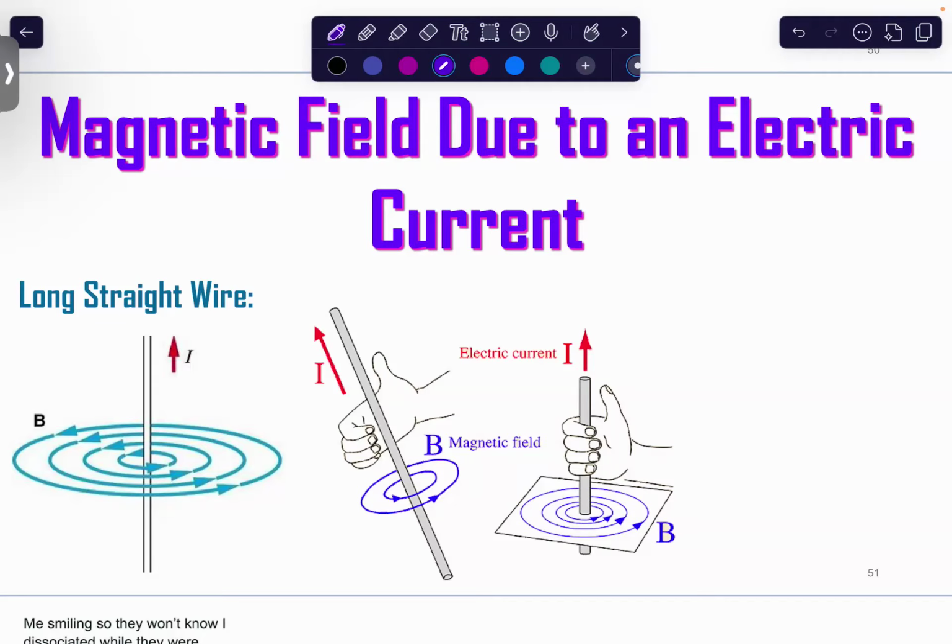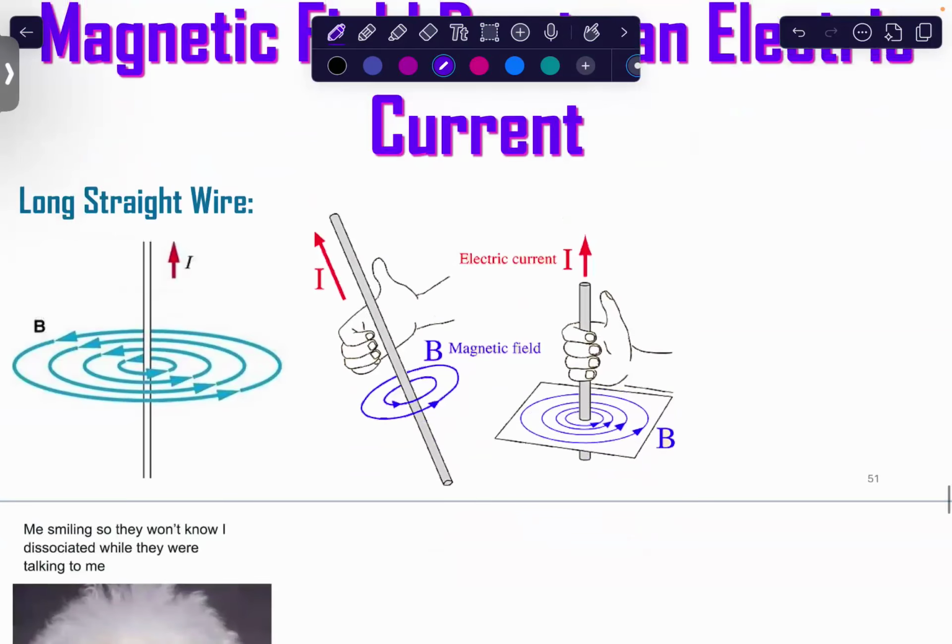Okay, so if the current goes that way, your fingers wrap in the direction of the magnetic field.